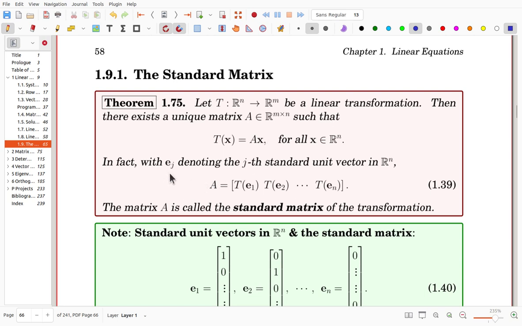As a matter of fact, if Ej is the jth standard unit vector, so that the collection of Ej is the standard basis, then A can be written in this way: the action on E1, the action on E2, so the collection of actions on the standard basis. The matrix A is called the standard matrix of the transformation.